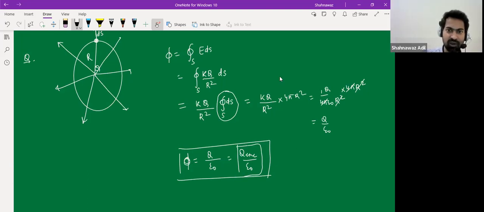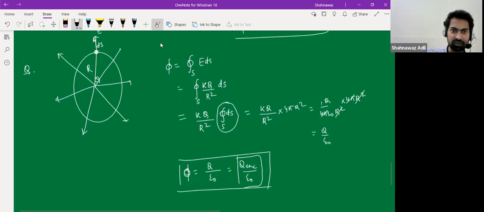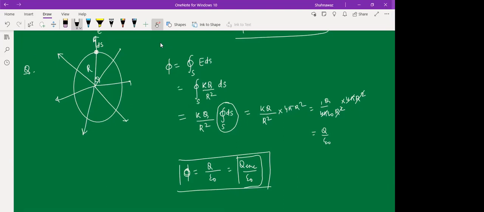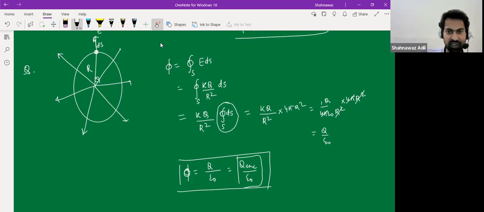So you guys note down this part, and then I will talk about Gauss law. Any doubt in this question, guys? No, sir. Okay. So now we are reaching the end. We can complete this chapter in the next class.